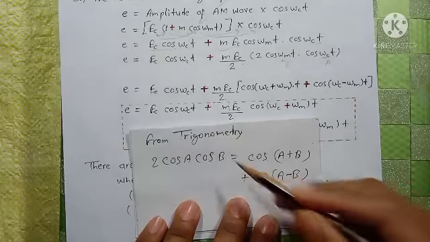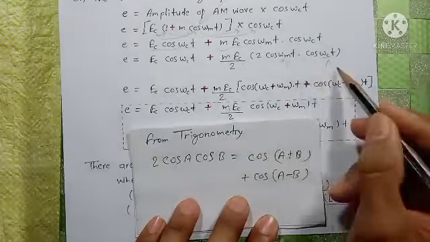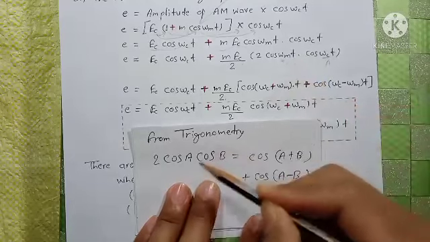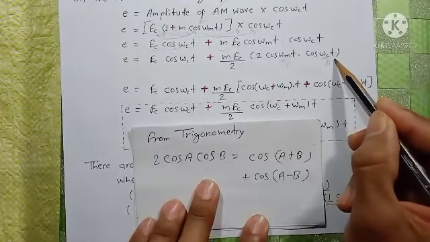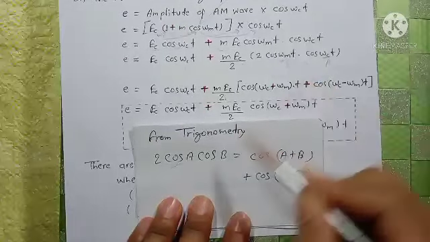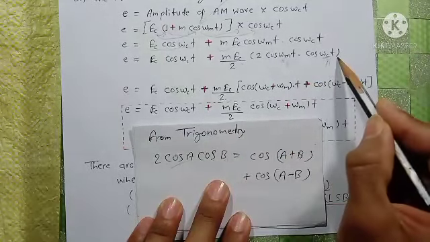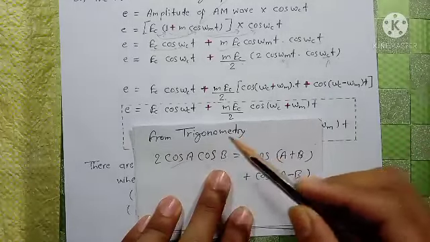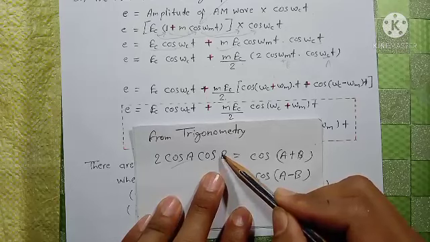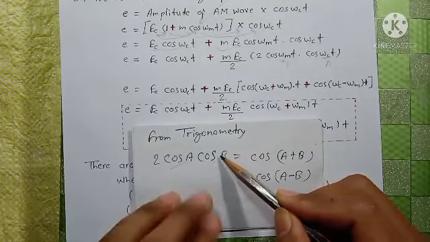So according to this formula, we will write this 2 cos omega m t into cos omega c t. Here cos a is equal to cos omega m t, and cos b is equal to cos omega c t.